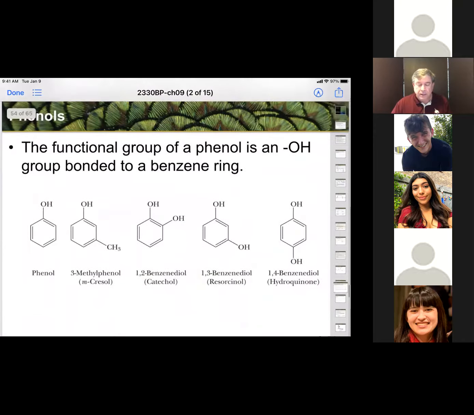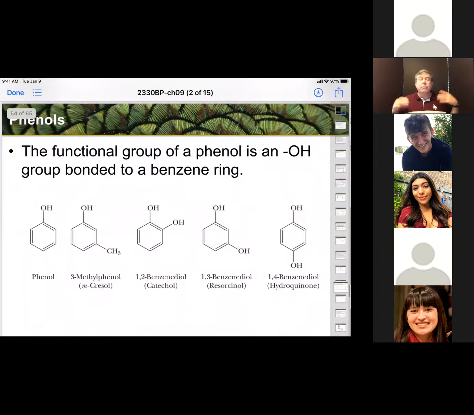Okay. Now, once you have more than one OH group on a phenol, we start getting a little bit in trouble of trying to look at how and where that works. So in just a simple OH on the ring, we call that phenol, phenyl alcohol, phenol. But when we add a methyl group to it right here, we change the name, and we should be changing the reactivity because now we have 2 different ortho-para directors.